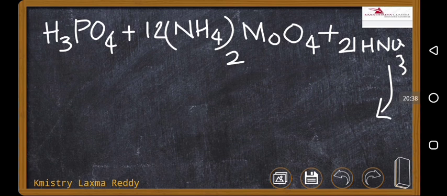See carefully, H3PO4 we have, that H3PO4 is treated with ammonium molybdate. This compound is called ammonium molybdate. (NH4)2MoO4 is ammonium molybdate.